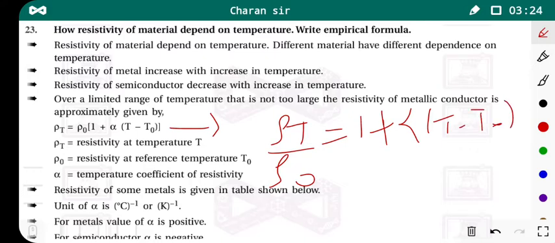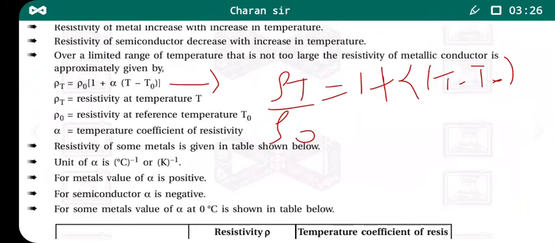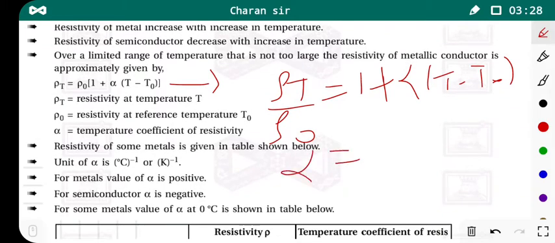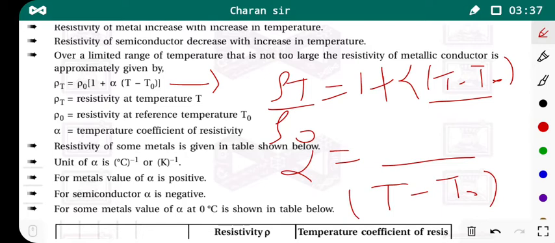So alpha is equal to, when the 1 is added on the right-hand side and we take it to the left-hand side, it becomes subtraction: rho T by rho 0 minus 1, divided by T minus T0.